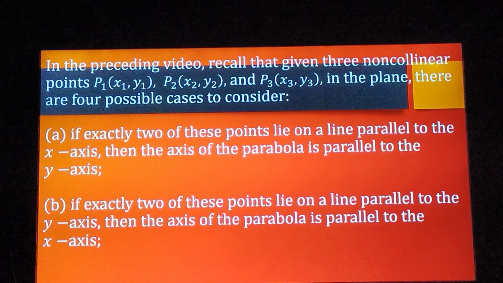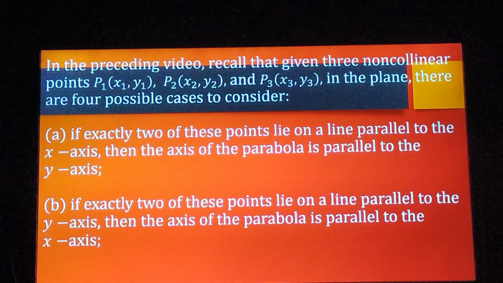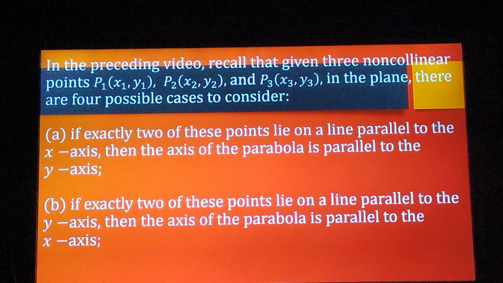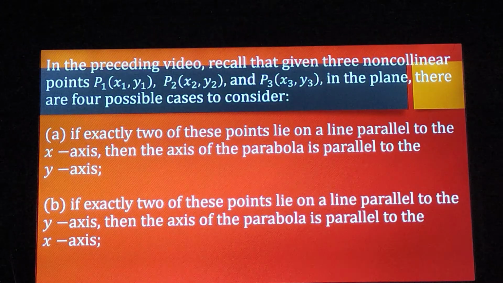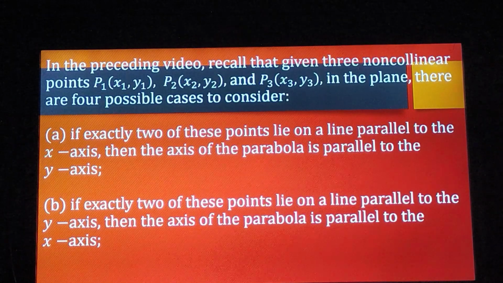A, if exactly 2 of these points lie on a line parallel to the x-axis, then the axis of the parabola is parallel to the y-axis. B, if exactly 2 of these points lie on a line parallel to the y-axis, then the axis of the parabola is parallel to the x-axis.